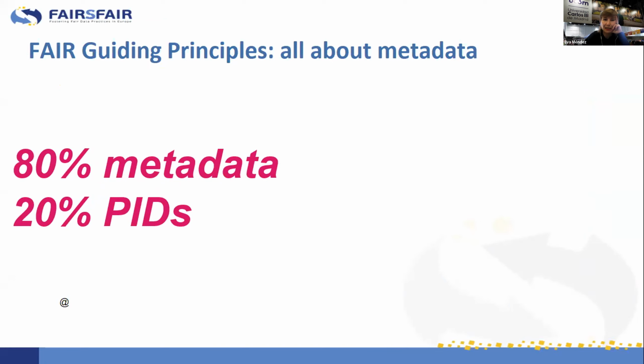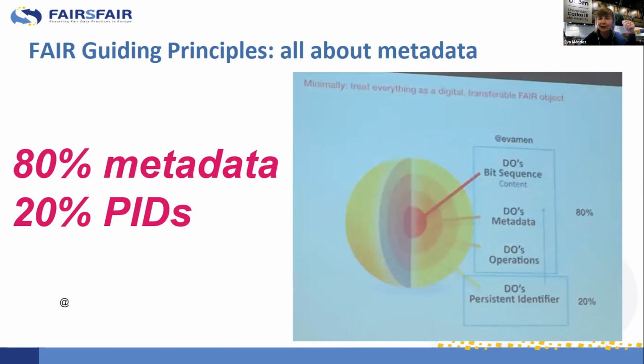I always said that when we talk about FAIR principles, it's very easy to talk about findable, accessible, interoperable, and reusable. But at the end, it is 80% of metadata and 20% of PIDs. And then I have a discussion with Barend Mons, and we said, well, we can negotiate the percentage, but metadata will never be less than 70% of the work that we have to do to make our data FAIR.